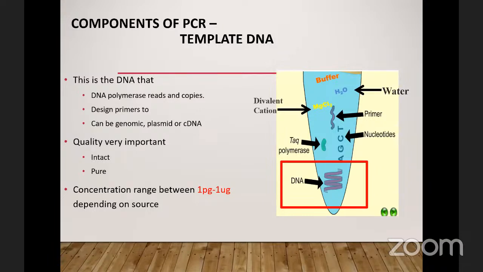If your template DNA is present, and the primers you design are specific to the template, that's when amplification will happen. So the DNA polymerase reads and copies the template DNA.